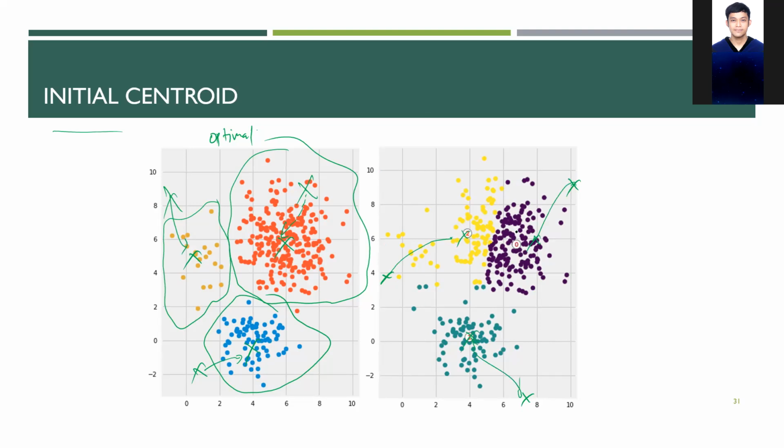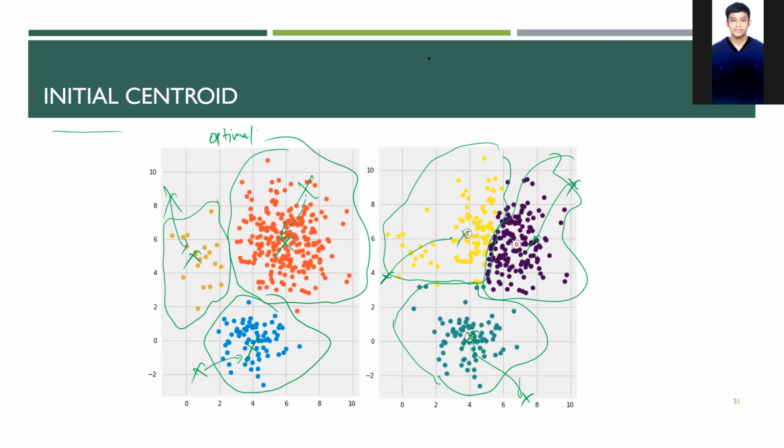In this case, maybe the first cluster is still okay, but the second cluster looks like this. See, it's overlapping. The differences between cluster 2 and cluster 0 are not clear enough.